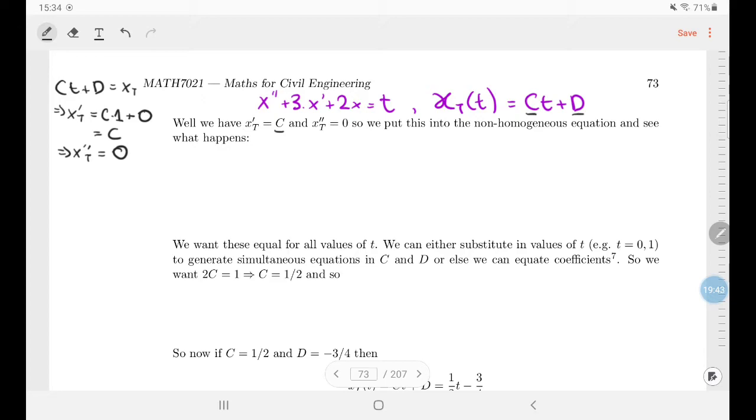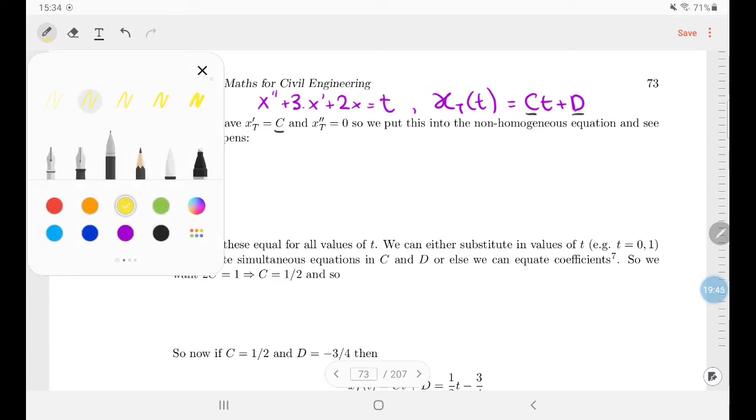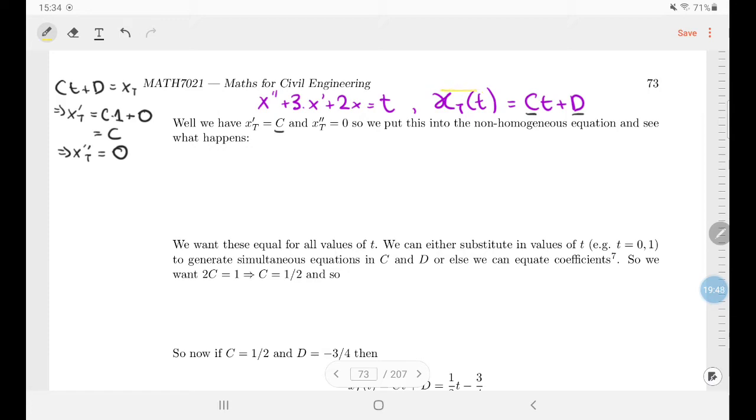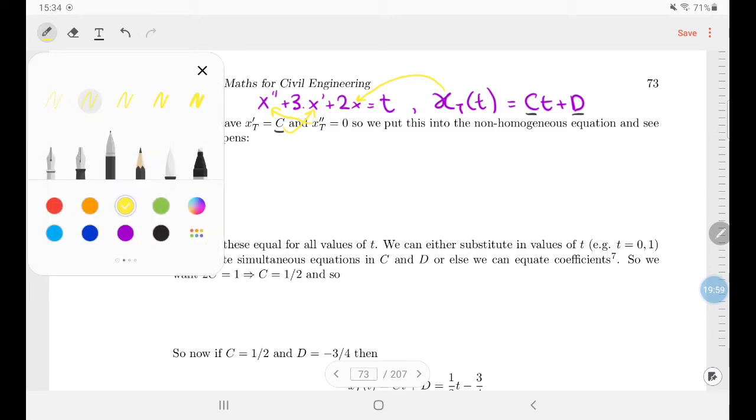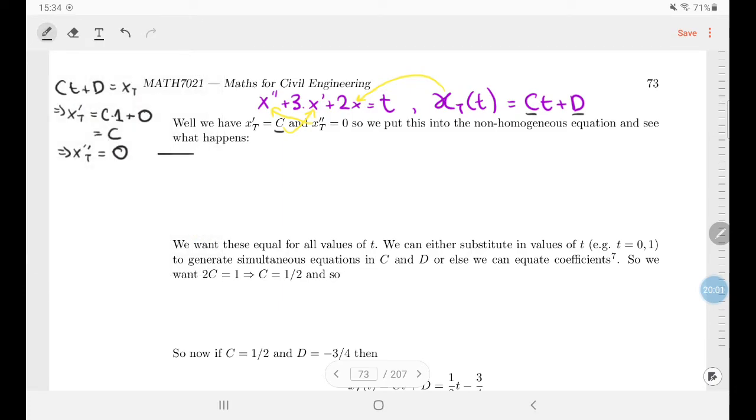Now we're going to try and force, similar to what we did before, we're going to put the trial solution in there, the second derivative in there, the first derivative in there. We're trying to force this to work, and we'll see what happens. So the second derivative of the trial solution plus 3 times the derivative of the trial solution plus twice the trial solution is equal to what?